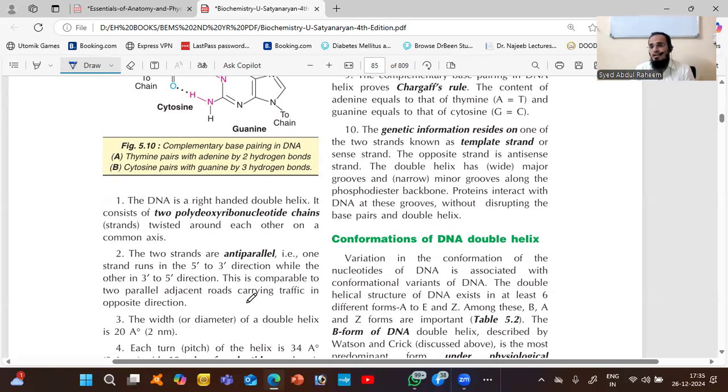Messenger RNA takes the message and gives it to the transfer RNA. Ribosomal RNA makes protein synthesis according to the requirement of the genes and DNA, wherever protein is needed in the cell.